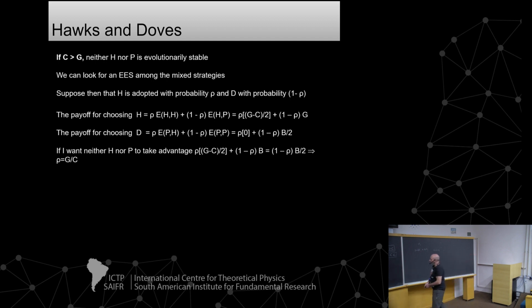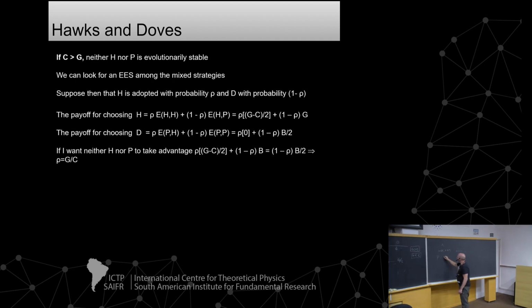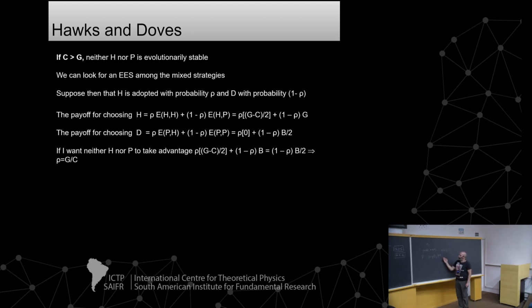I want to find a mixed strategy. I will call this mixed strategy P, that will be equal to an amount 1 minus P of playing dove and an amount P of playing hawk. So I will try to find a mixed strategy and see whether for a given value of P, I can show that this strategy is a Nash equilibrium, okay?